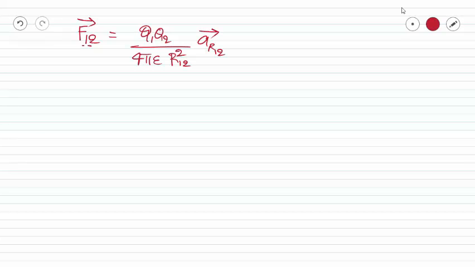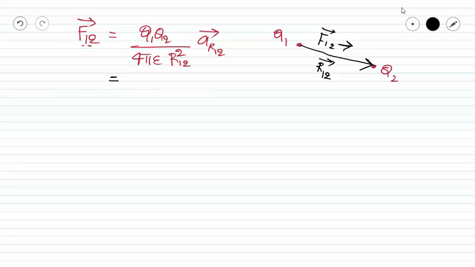So if this is the position of Q1, if this is the position of Q2, and you draw a vector from Q1 to Q2, and this is R12 bar, then F12 bar acts along this direction. So that is the force acting on Q2 due to Q1, given by this expression. This can be further simplified.